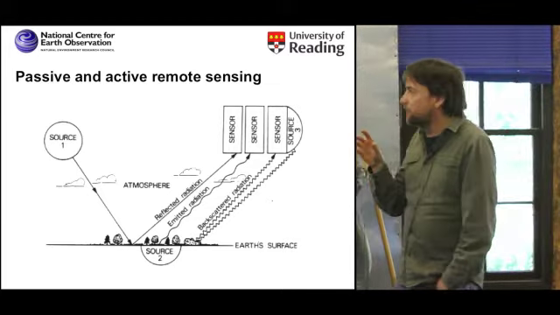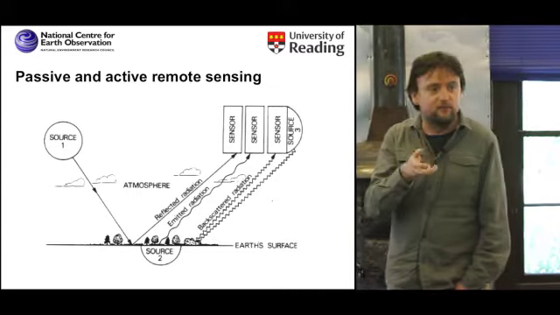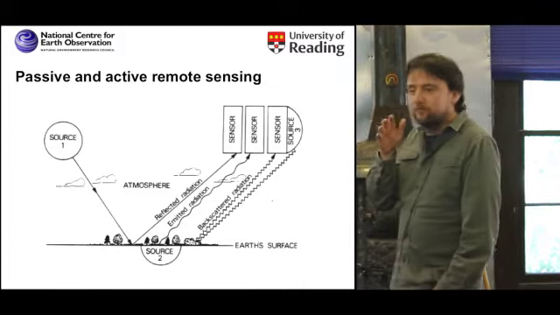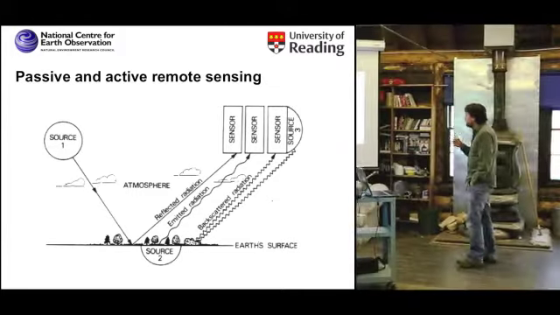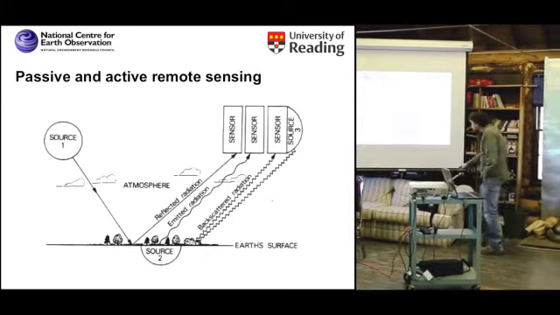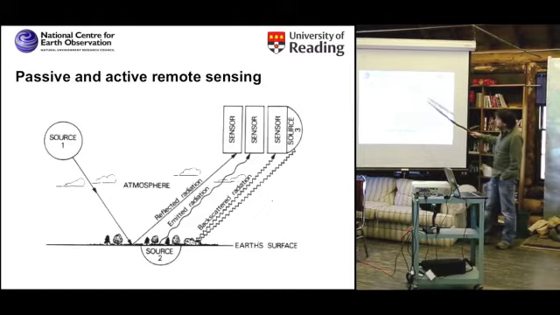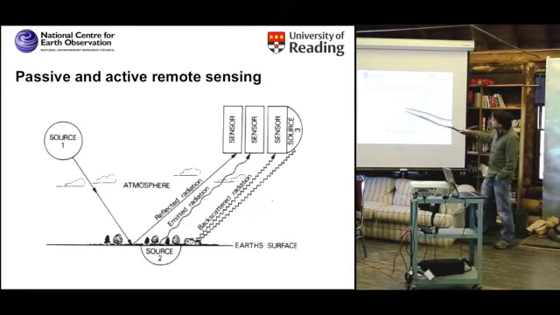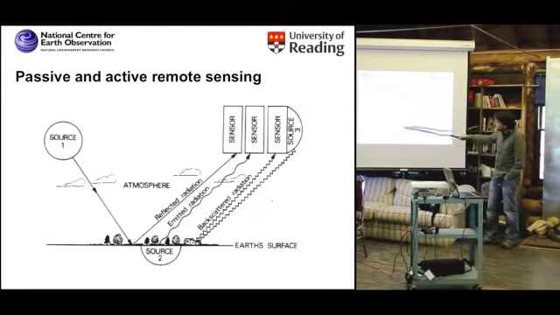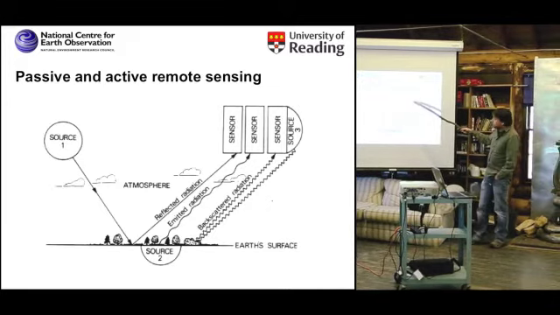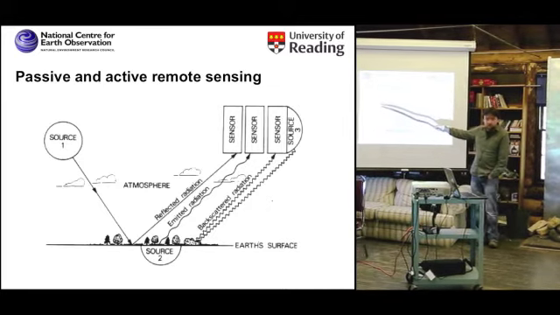Classically, there are three types of remote sensing instruments. There's the passive instruments that take reflected radiation from some source, which is generally the sun.